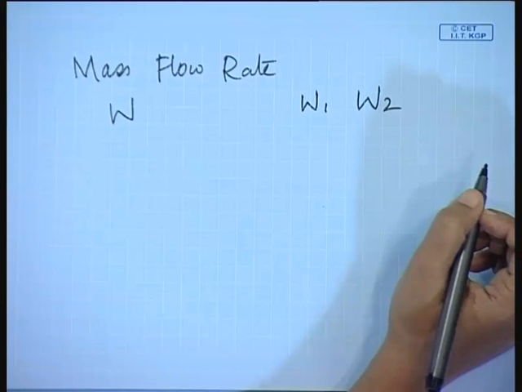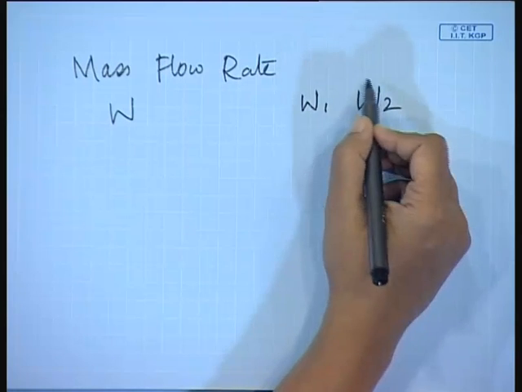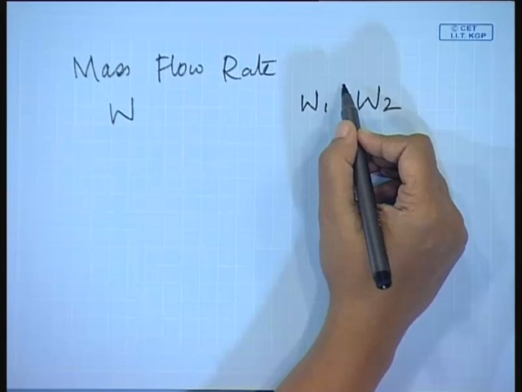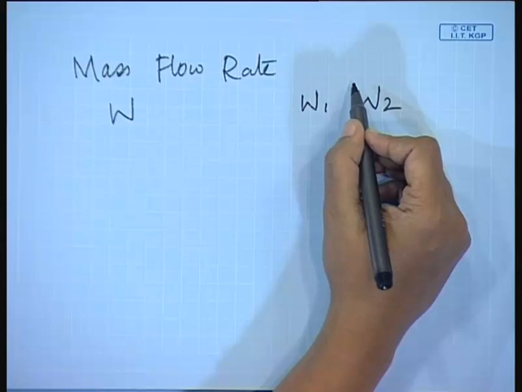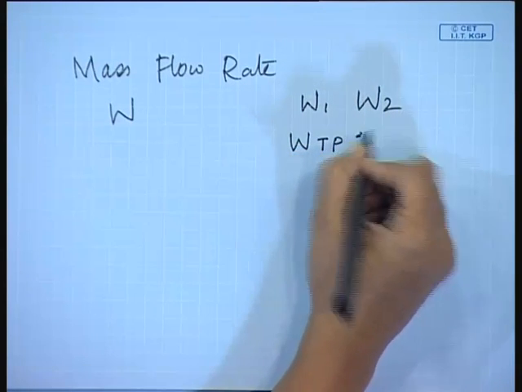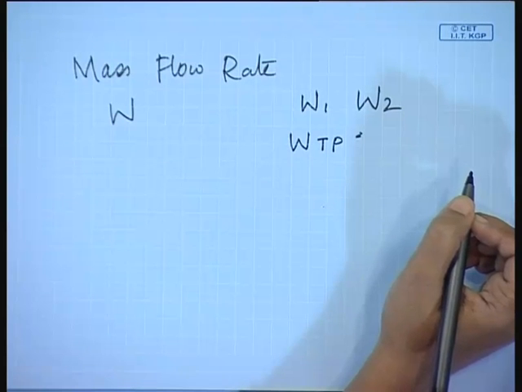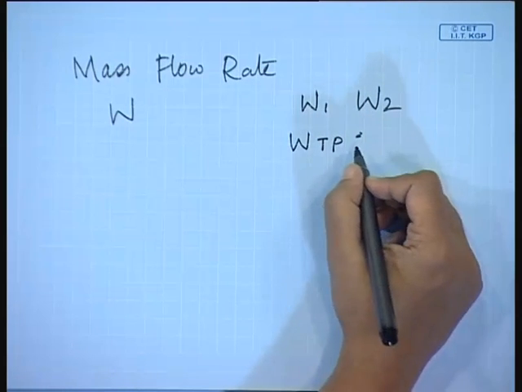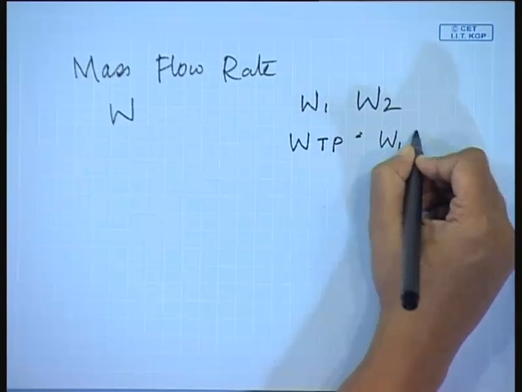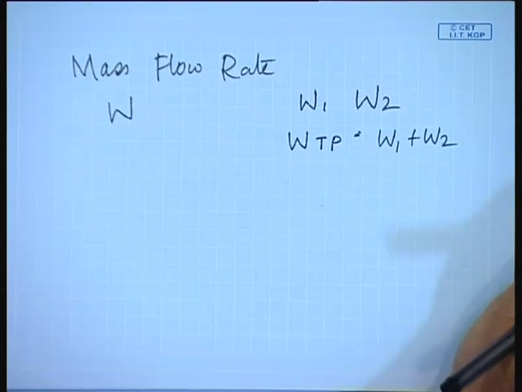If it is two liquids, then W1 is the mass flow rate of the heavier liquid and W2 is the mass flow rate of the lighter liquid. Agreed? Along with that, we also have W two-phase. You can also use Wm if you wish, but I would prefer to use W two-phase, which is nothing but equal to W1 plus W2. Agreed, from the equation of continuity.